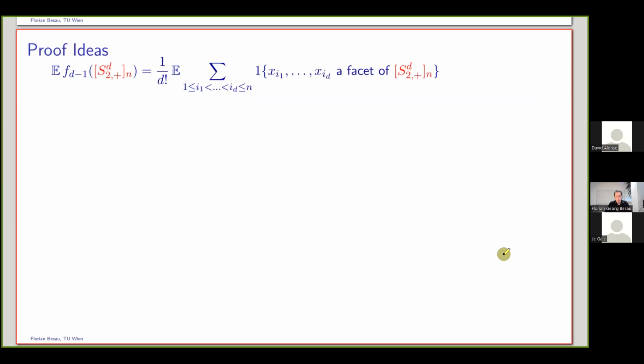And to start off, we want to look at this identity in a way that mimics the Efron identity proof. So we want to look at the expectation of the number of facets of our random wedge. And we write this as the sum of the indicators of the event that d vertices are a facet of our random polytope.